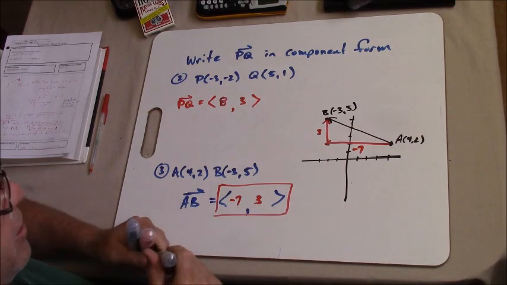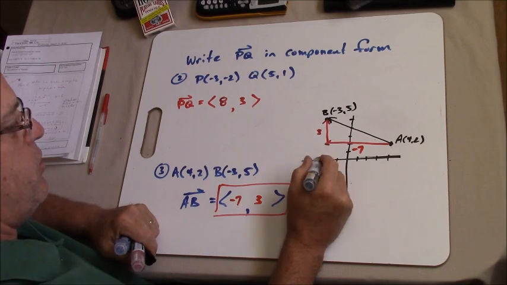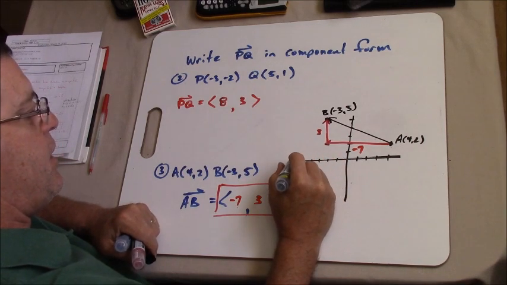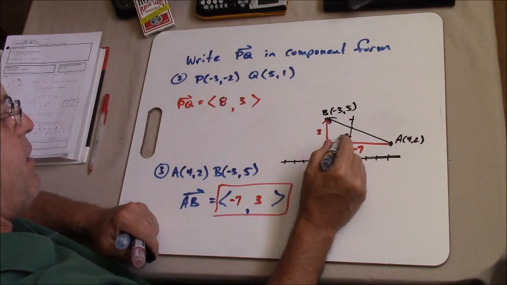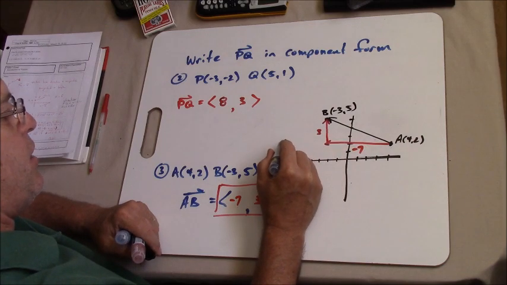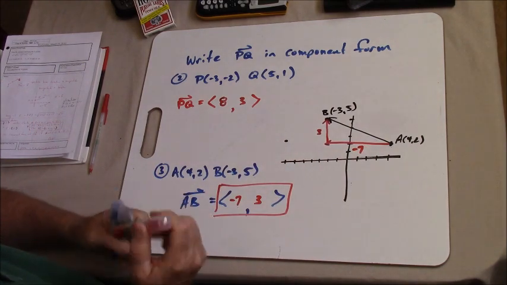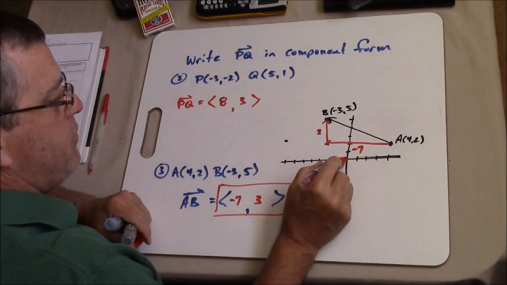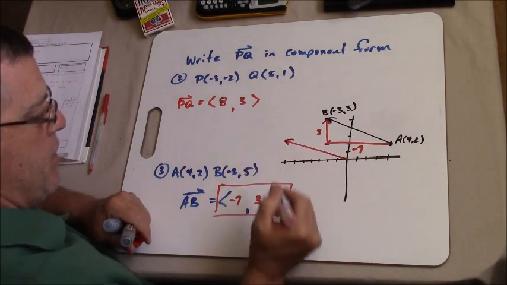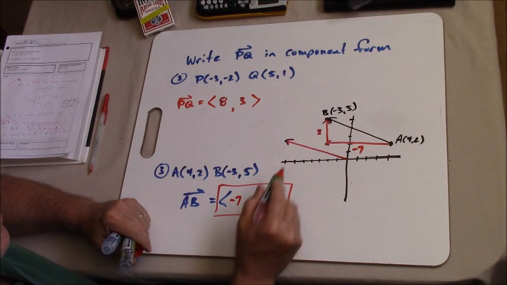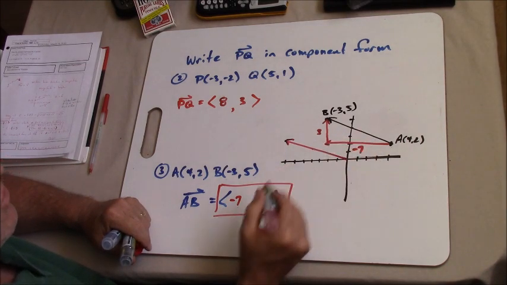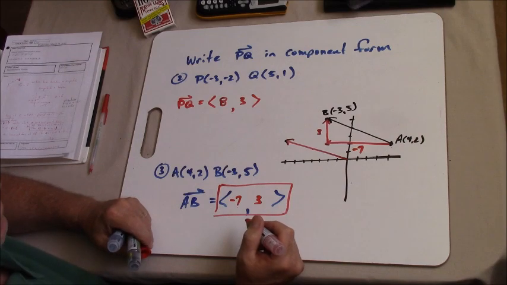So if I would have started at the origin, and I went 1, 2, 3, 4, 5, 6, 7, and then up 3, that would have put me right there. So there's the vector -7 comma 3, and that vector looks the same as this one right here. It's got the same magnitude and direction.